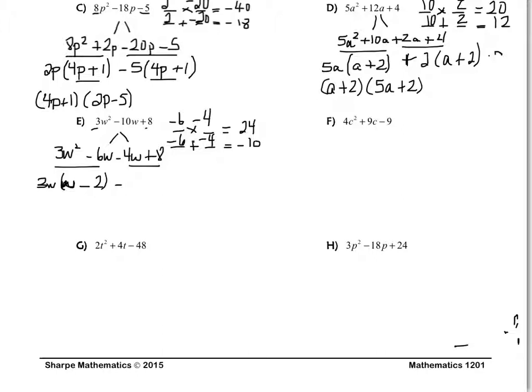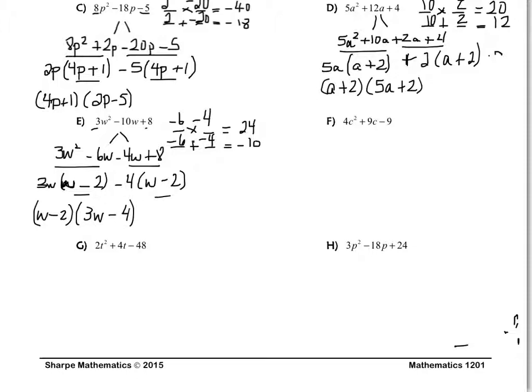So out of 4w and 8, the greatest common factor of 4w and 8 is 4. And then if you take it out of the first term, you've got just a w left. And if you divide the second term by negative 4, you've got minus 2 left, sorry. So now you've got a w minus 2 that you can pull out of both of those groups, and you're left with 3w minus 4.